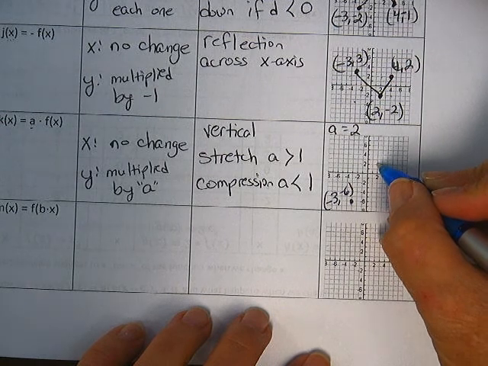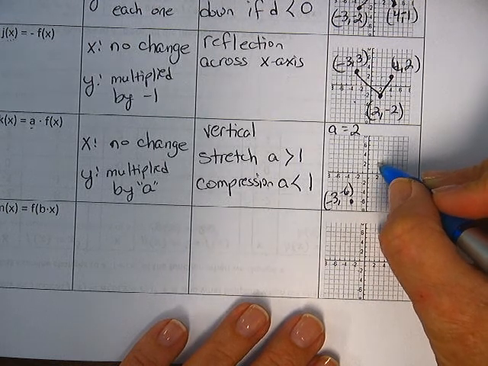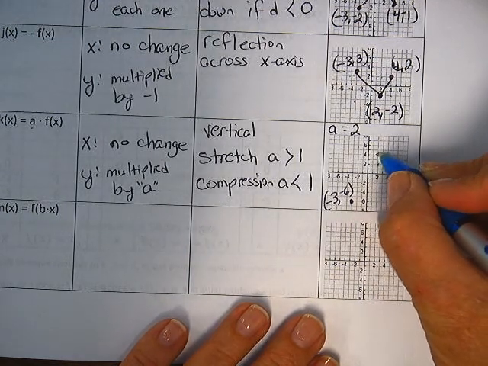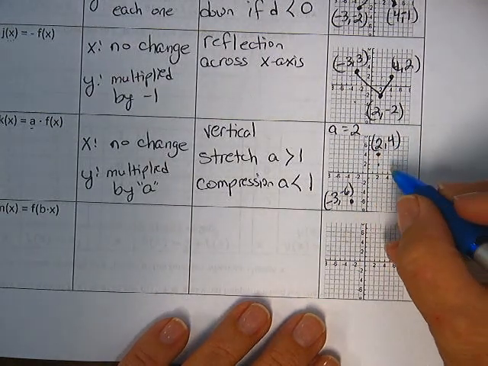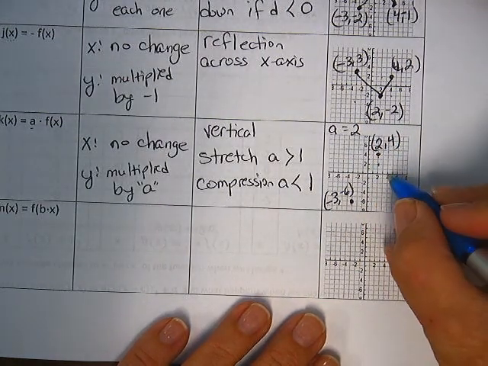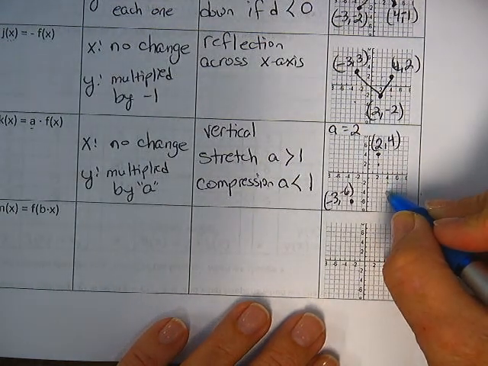Likewise, every point's y value gets multiplied by 2. So at 2, 2, it now becomes 2 times 2 is 4. So the new point on k of x is at 2, 4. The point that had been at 4, negative 2 is now at 4, negative 4.